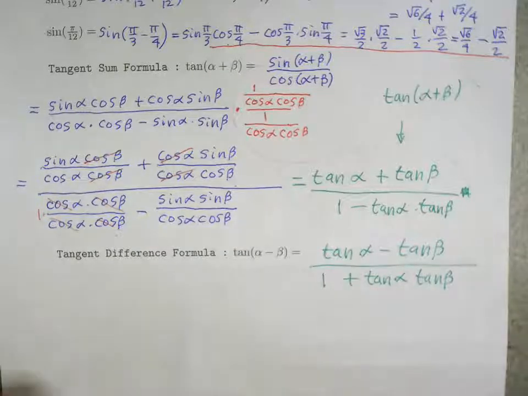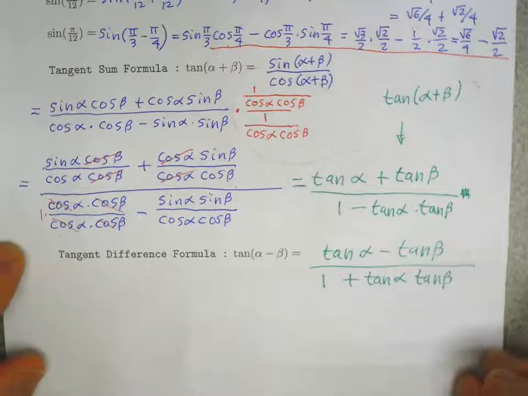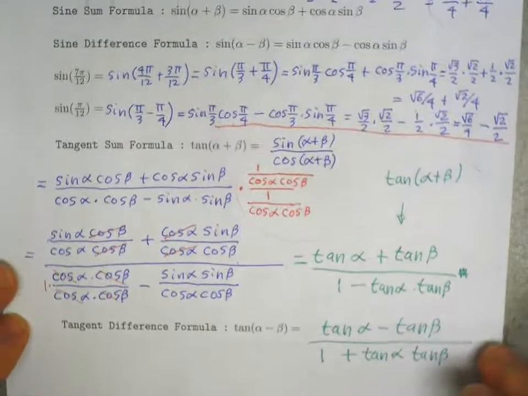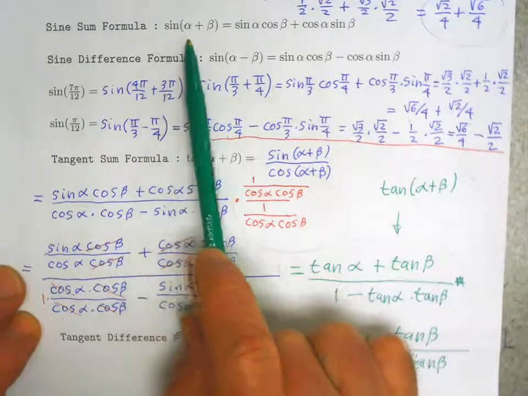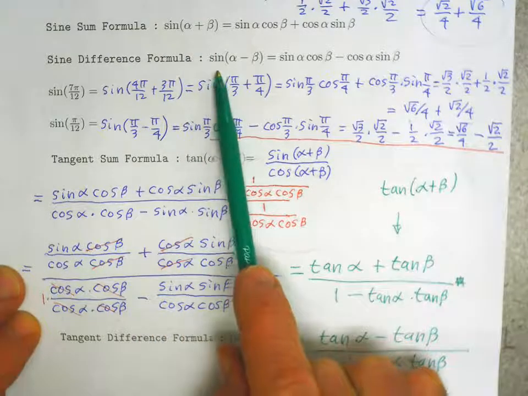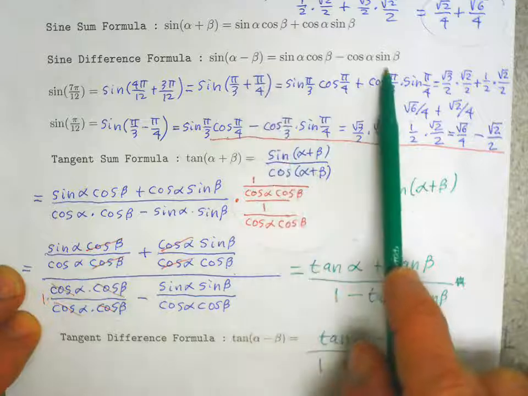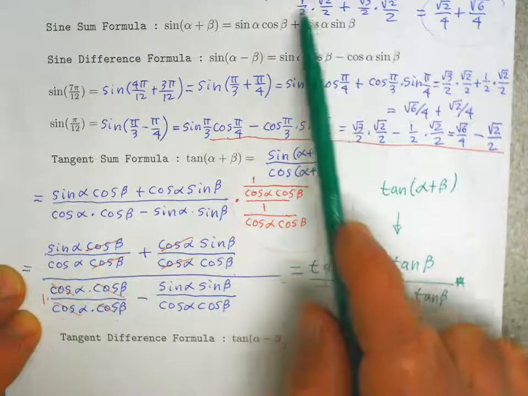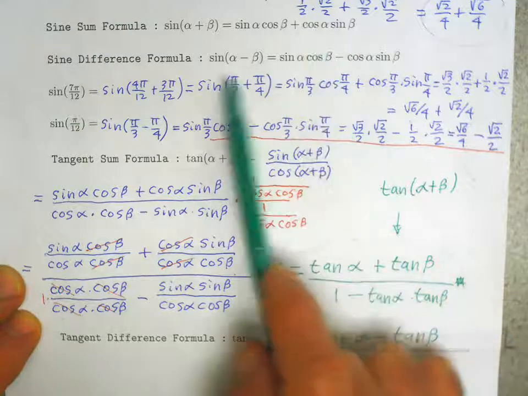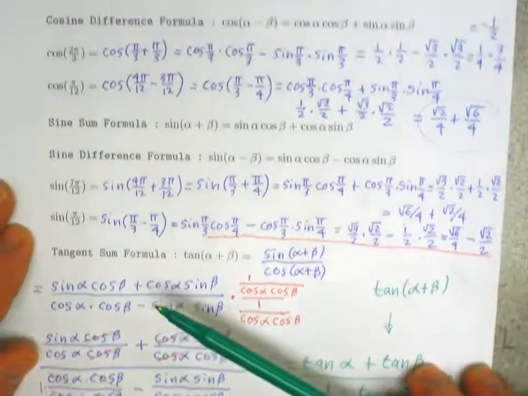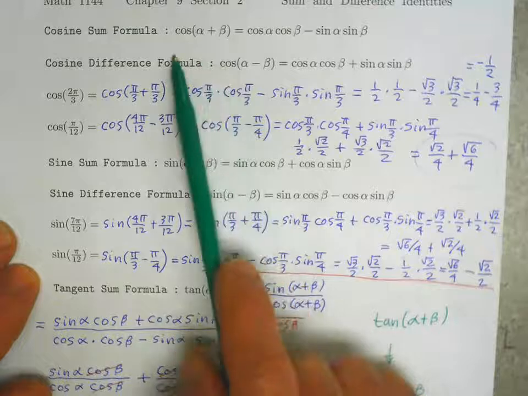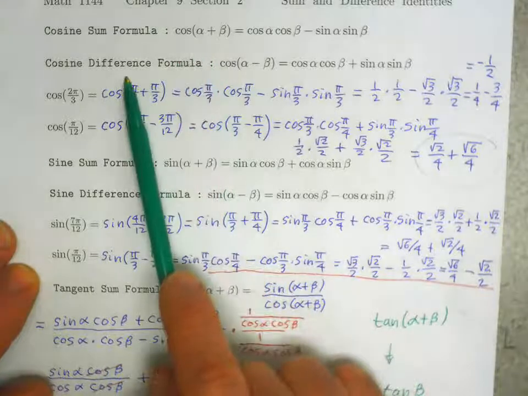And while I'm on that subject, you can also note the similarities of the sine of alpha plus beta formula and the sine of alpha minus beta formula. So recognizing those similarities will help you memorize those. And the same is true for the cosine sum formula and the cosine difference formula.